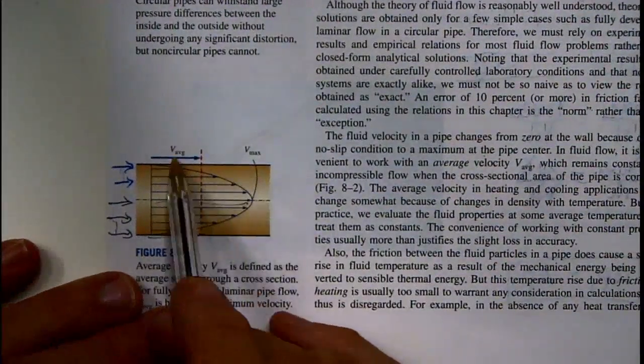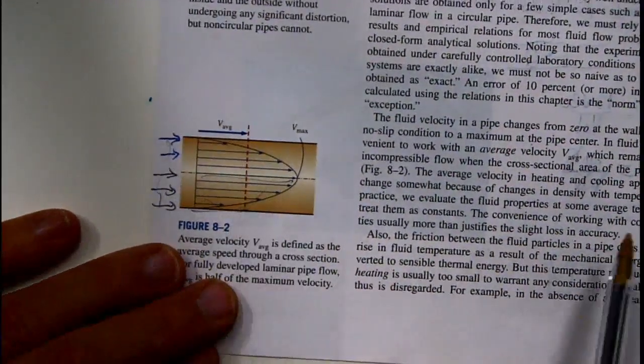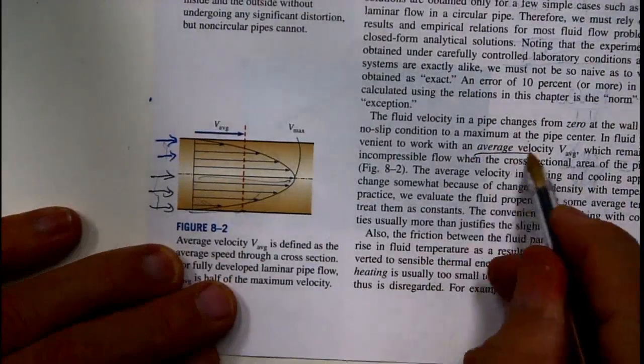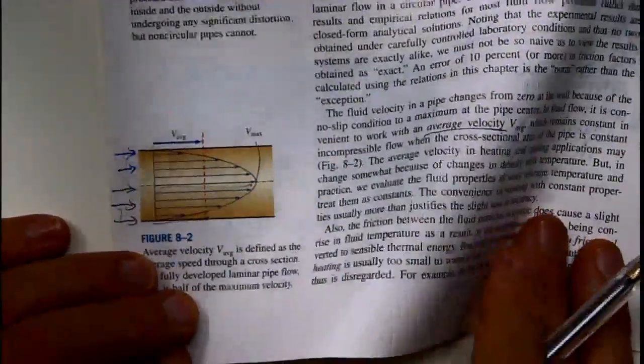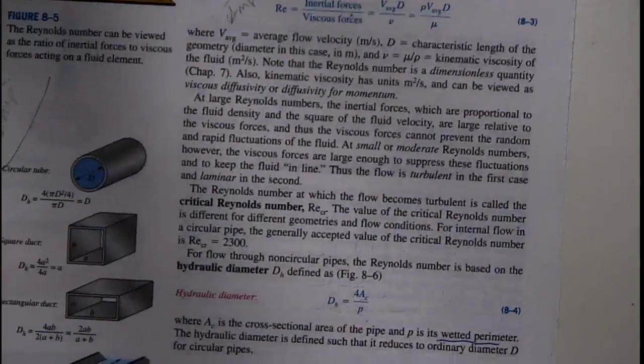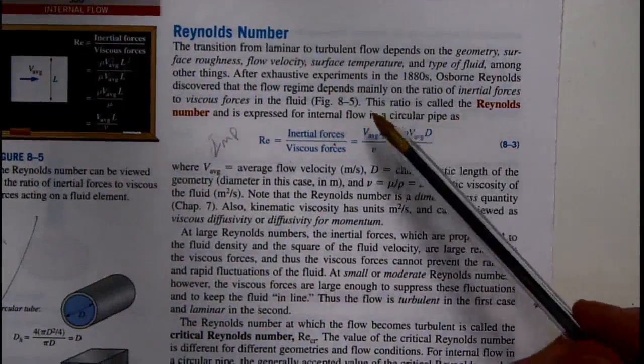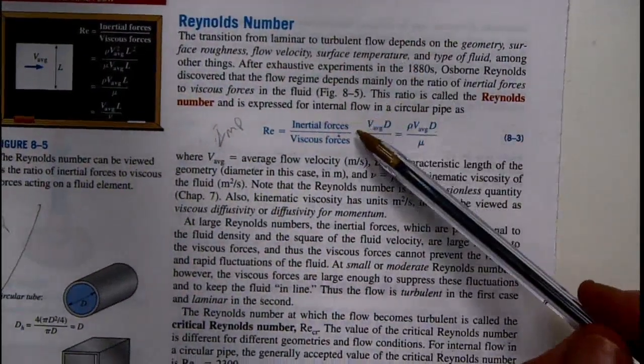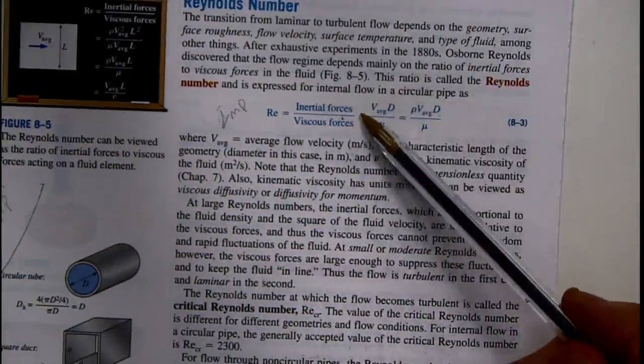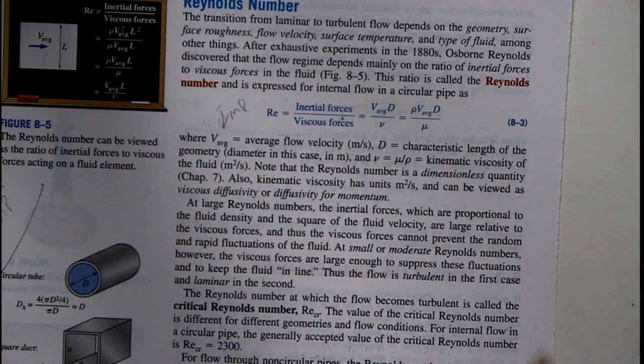So you take the volumetric flow rate divided by the area, then you have something called the average velocity in here. And we have our buddy Reynolds number, a very important number. I've often pondered whether this is inertial forces over viscous forces.